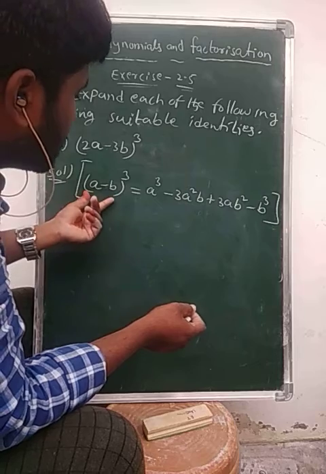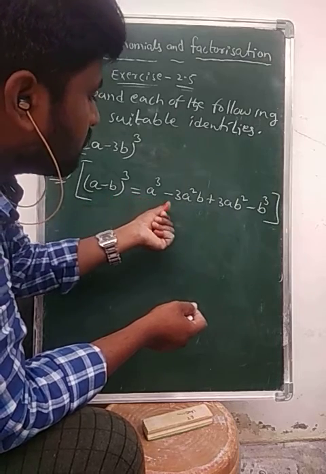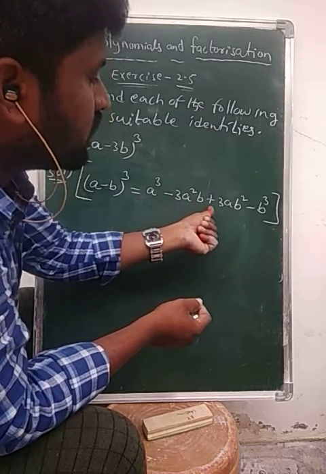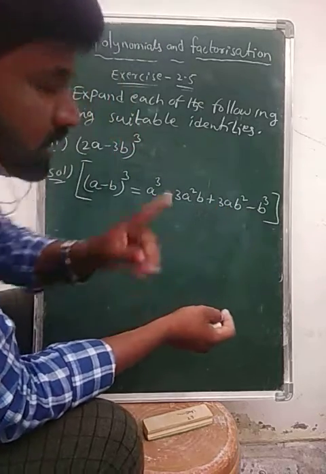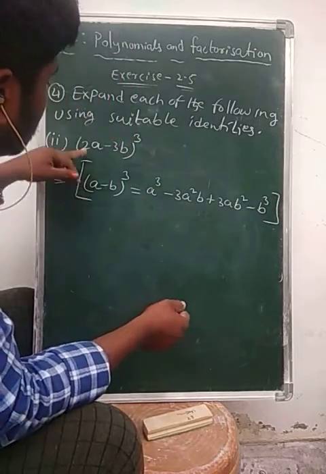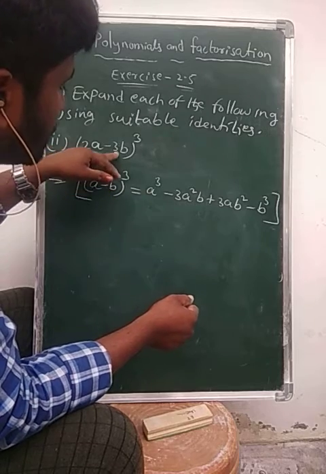Okay, you can expand like this, a cube minus 3a square b plus 3ab square minus b cube. Here clearly a means that is 2a, b means that is 3b.